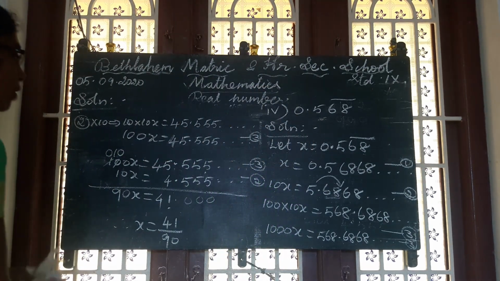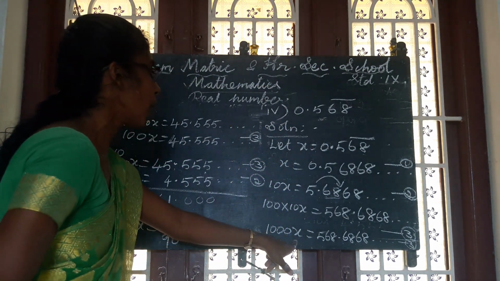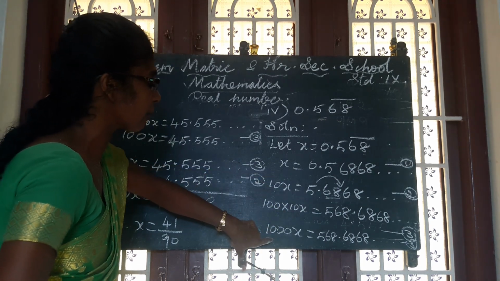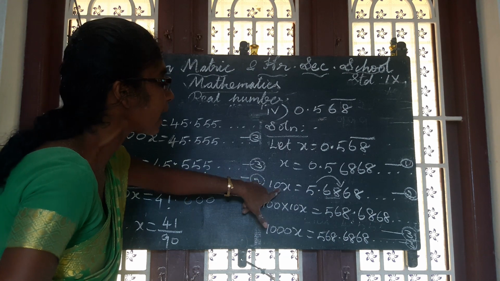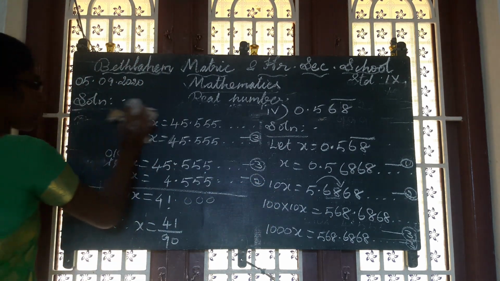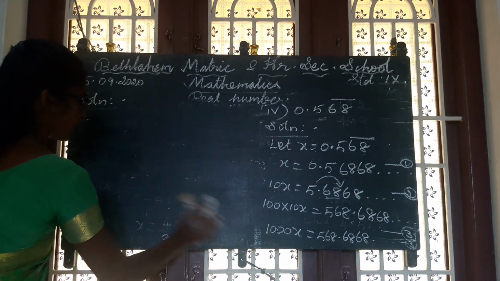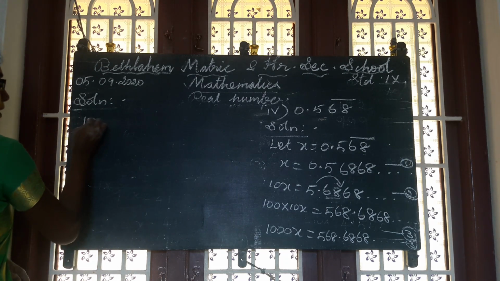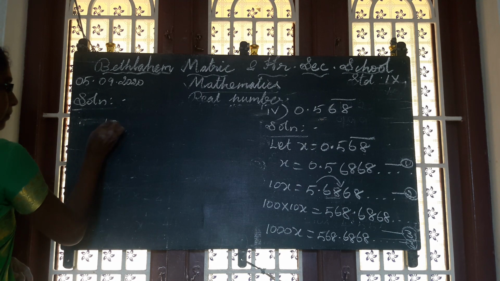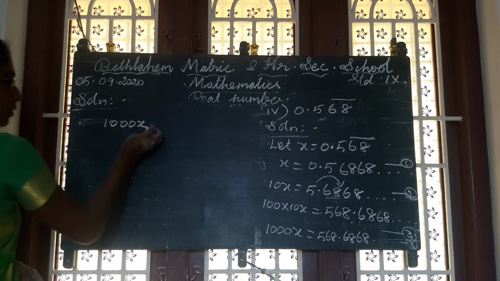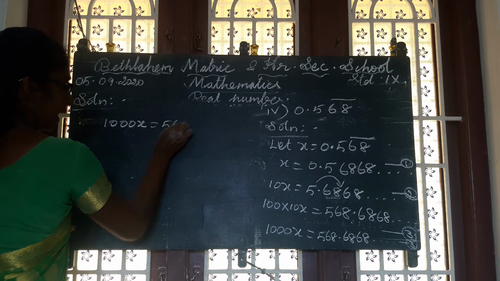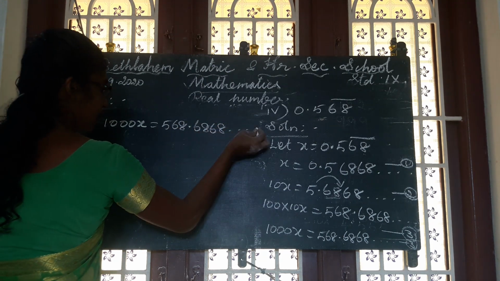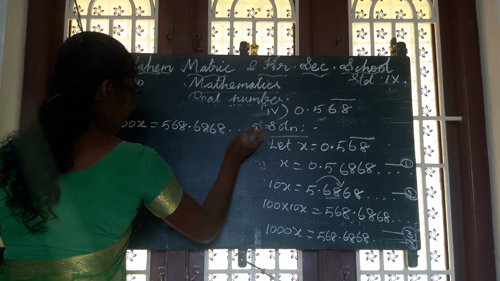Then from equation 3 we have to subtract equation 2. When we are subtracting, what are we getting? Equation 3 implies 1000x is equal to 568.6868 etc. This is equation 3.